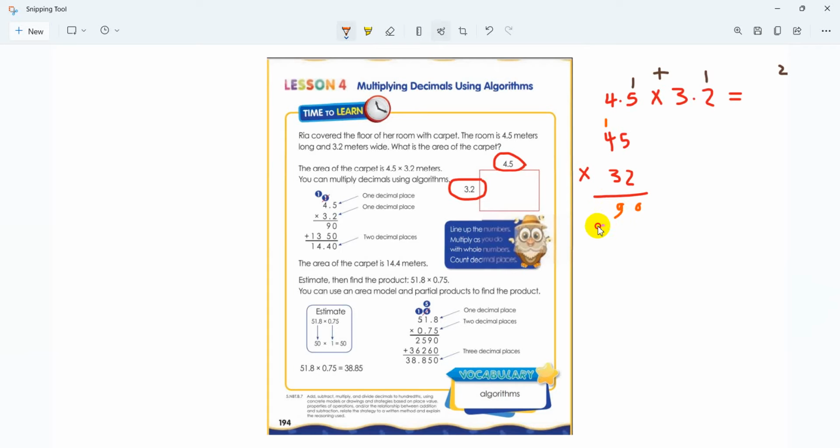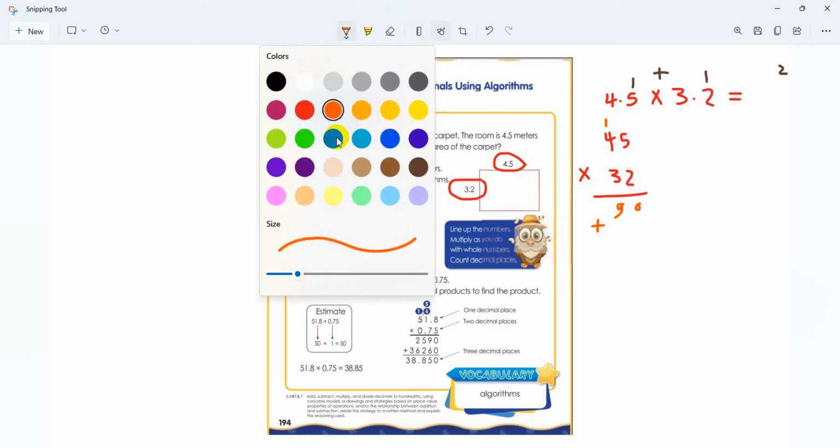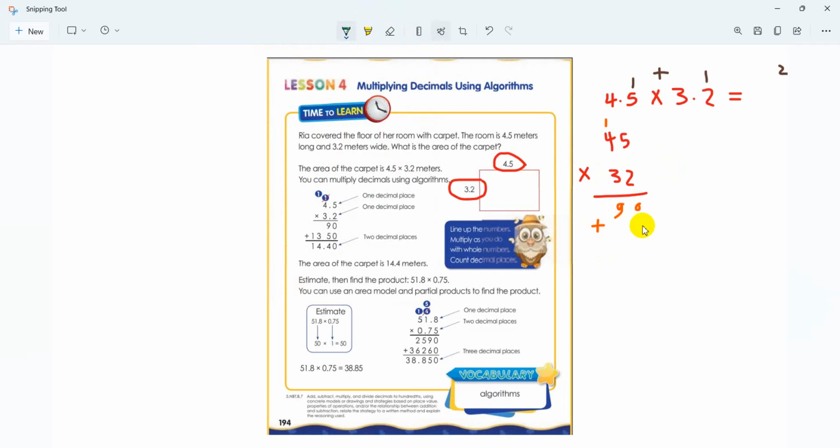Then we add another multiplication by 3, but 3 is in the tens place, so we have to put 0 in the ones place before we multiply by 3. We put the 0. Then 3 multiplied by 5 equals 15. 5 and carry up 1 over the 4. Then 3 multiplied by 4, 12. 12 plus 1 equals 13.